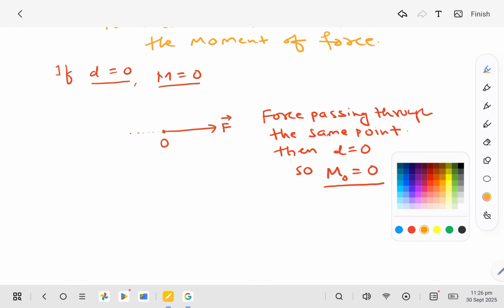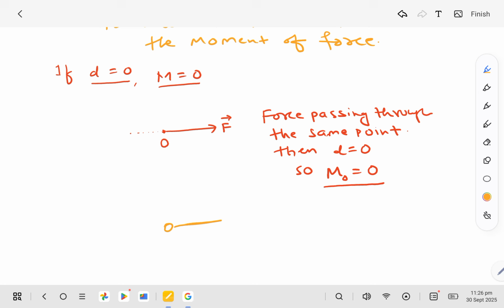Or the second case can be, so now this is the point and let's say this is the force here and this is the point O here.